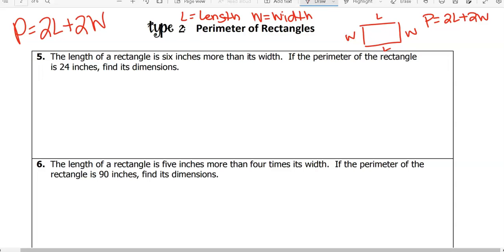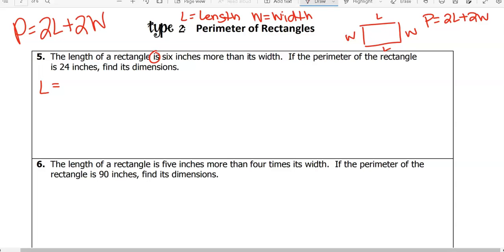Okay, length of a rectangle is, so right there that means L equals, right? That word is means to say equal to. 6 inches more than the width. So what am I going to do?